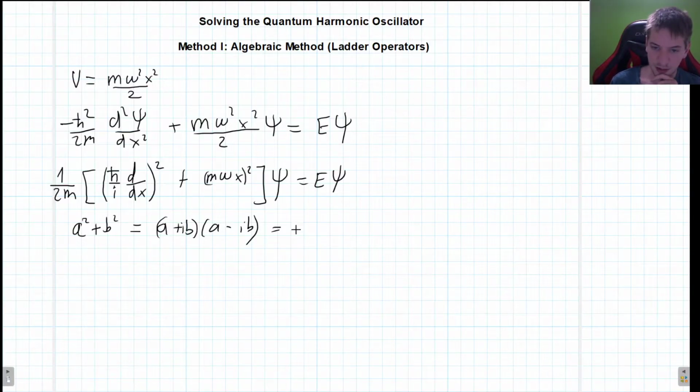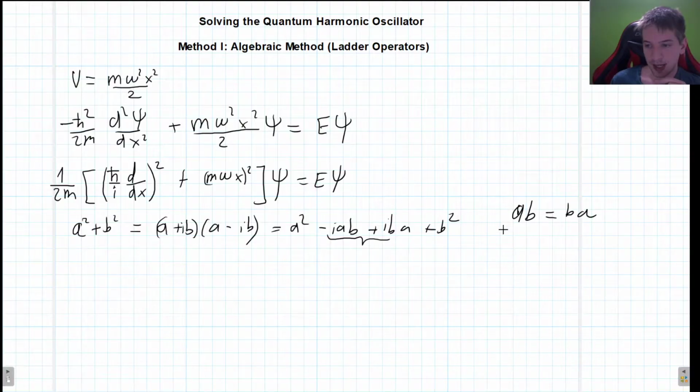Because when we multiply, we get a squared minus iab plus iba minus i squared b squared, and i squared gets another minus, so it is now plus b squared. And this is going to be this right here, because minus iab will cancel out iba, and this happens because ab is the same as ba.